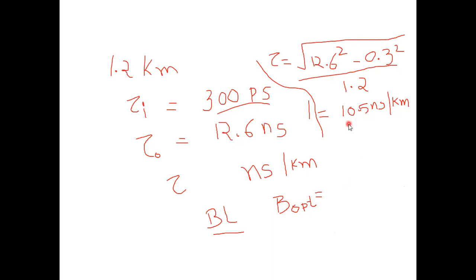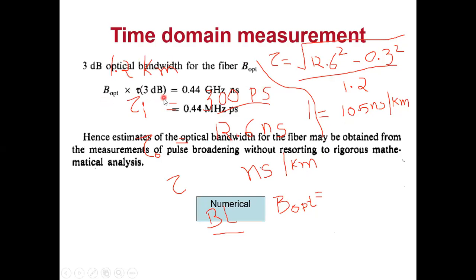Once you have this tau, you have just this particular formula, the optimum bandwidth. So 0.44 gigahertz nanosecond divided by tau, which you just got.